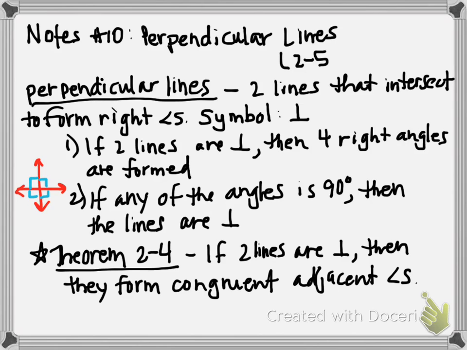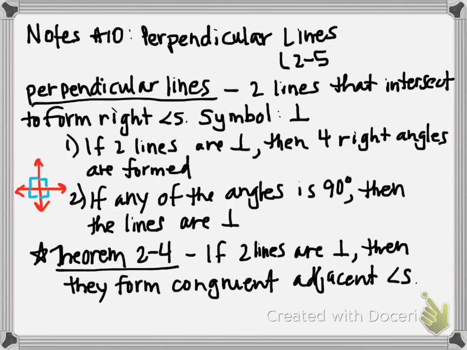This theorem turns out to be a time saver in a lot of proofs. Normally in a proof, if I want to prove that I have two angles that are congruent, and I know that the lines are perpendicular, I would use the keyword perpendicular and go with the definition of perpendicular angles. At first I would say if two lines are perpendicular, then they form right angles. If I have right angles, then they measure 90 degrees each.